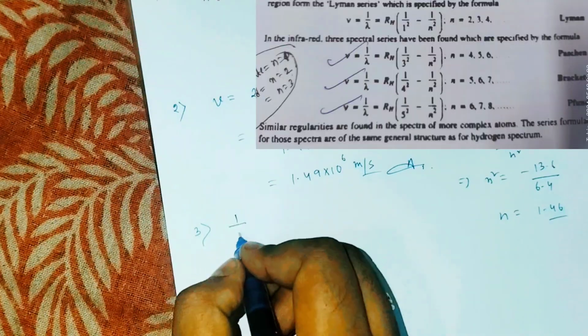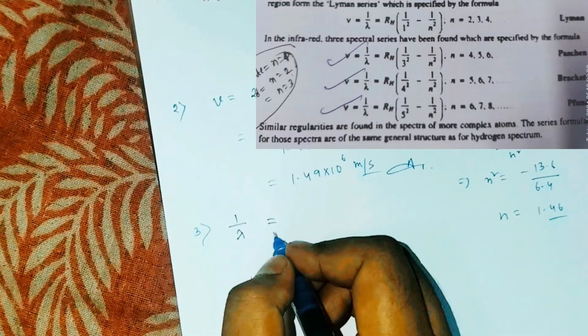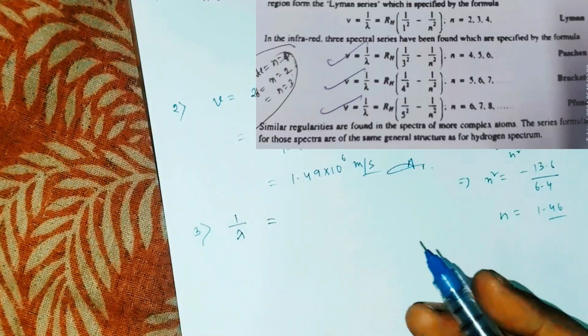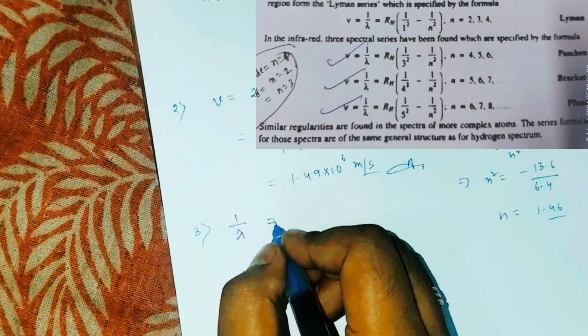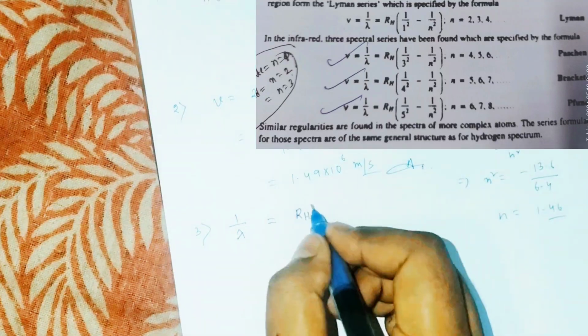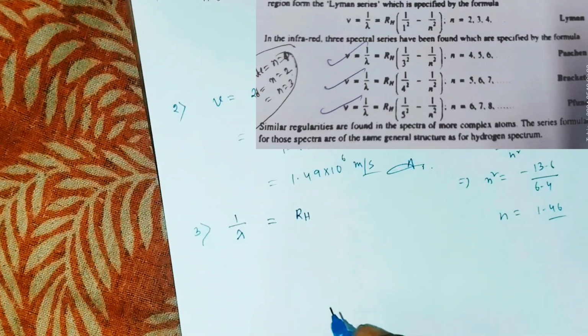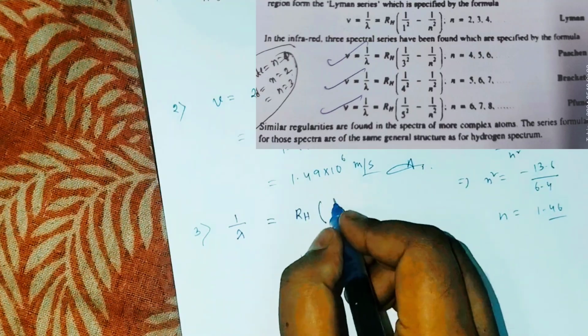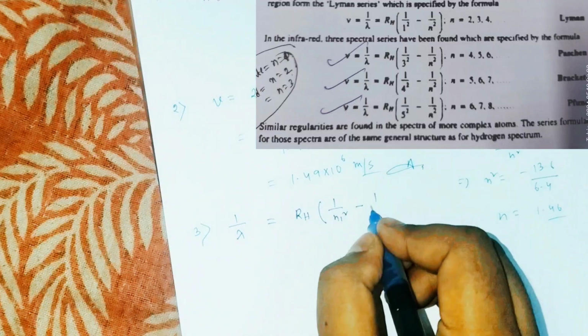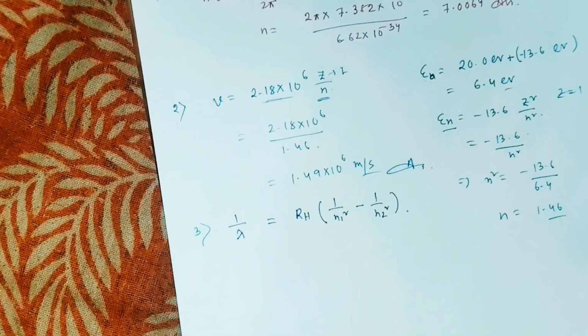I'm going to write it: 1 by lambda equal to R into 1 by n1 square minus 1 by n2 square, where lambda is the wavelength and R is nothing but the Rydberg constant. I will provide you the value of the Rydberg constant. Where did I get this formula from?